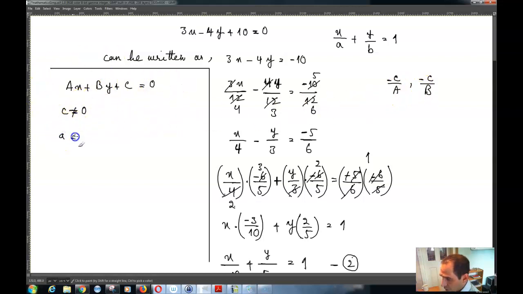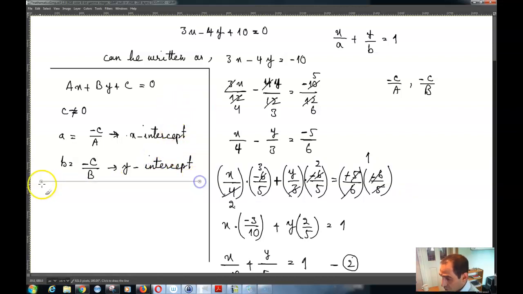You can say that the x-intercept is negative c by a, and the y-intercept is negative c by b. That's basically all you need to remember.